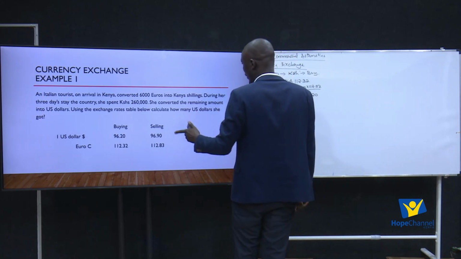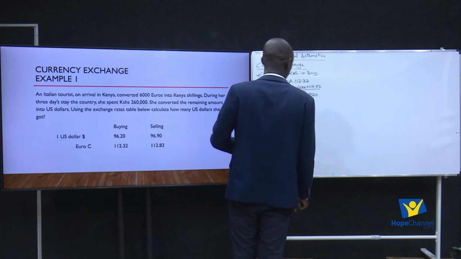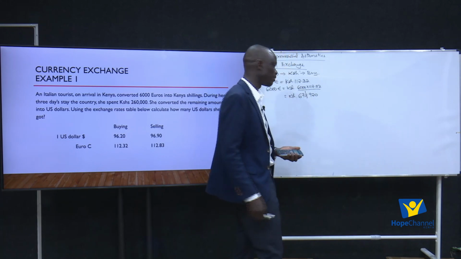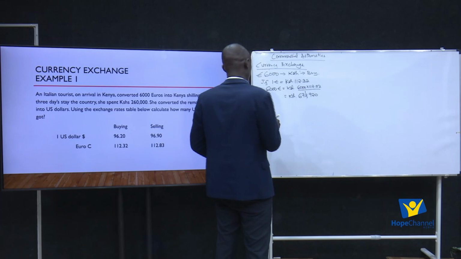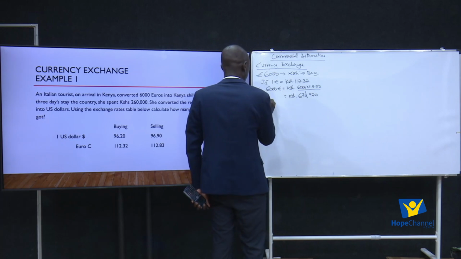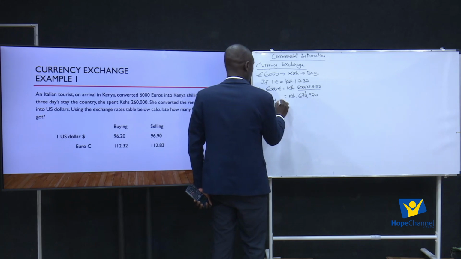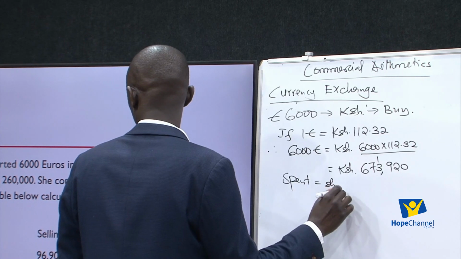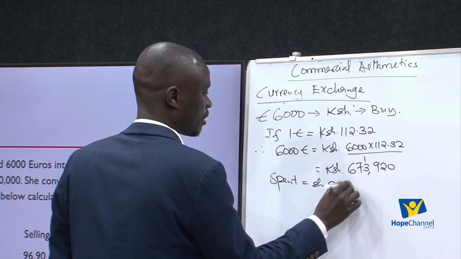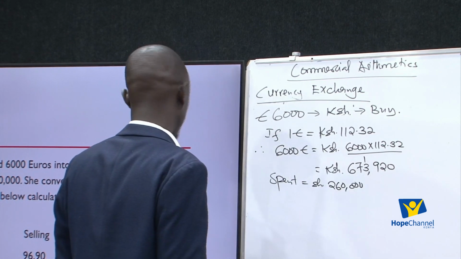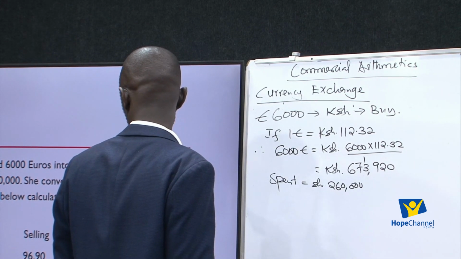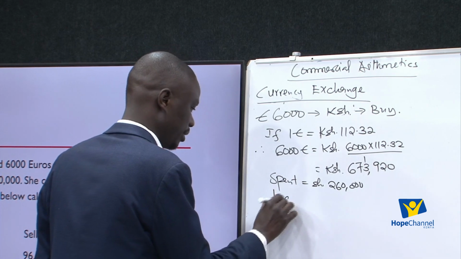Then on her third day, she had spent 260,000. So how much was she left with? So let's look at the amount remaining. We were told she spent how much? 260,000. So what was she left with?